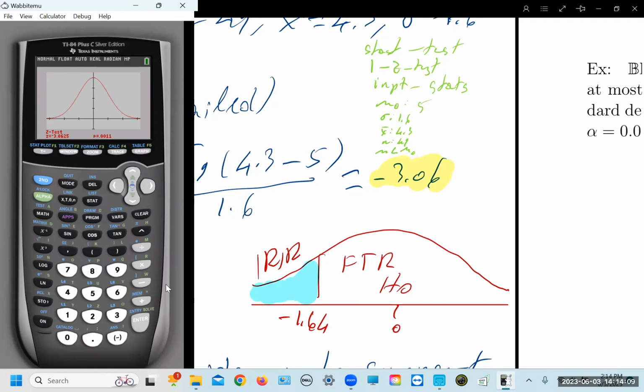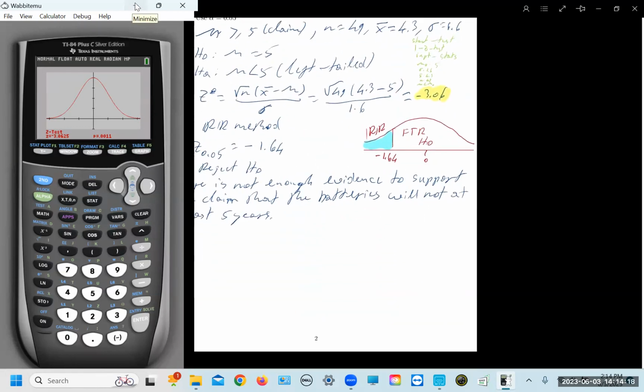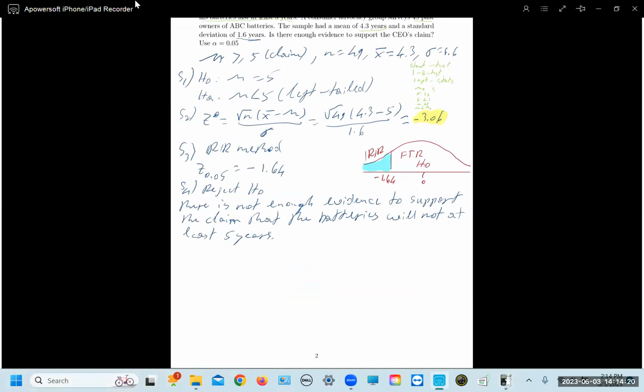See, that is the Z test all the way back there. Okay, and now we go for the p-value.